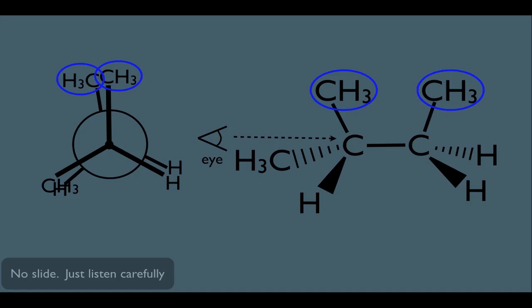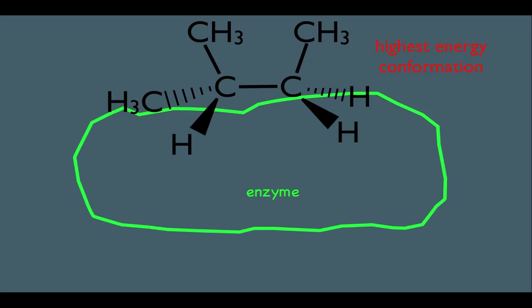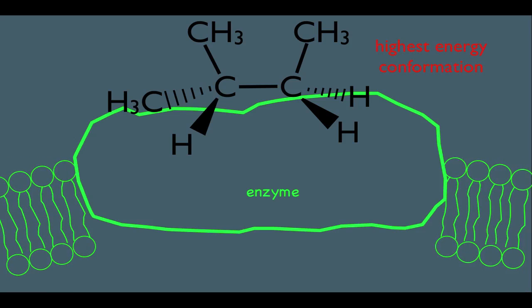Now, let's take this molecule right here and let's pretend for a second that it's a drug that someone could ingest. Remember, we predetermined in that last problem that this happens to be the highest energy conformation of this molecule. And let's say someone ingests this molecule. And one possible fate here is that we have some kind of enzyme that happens to be an integral protein that spans the membrane of some cell within the body.